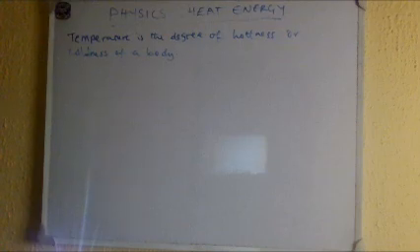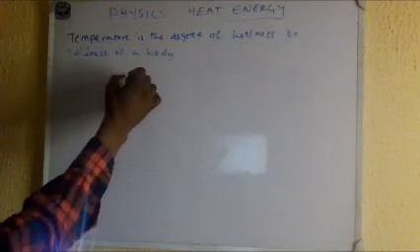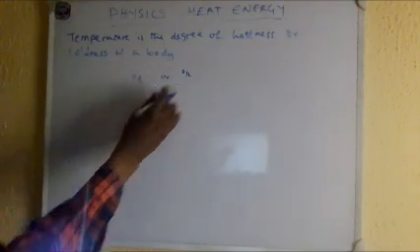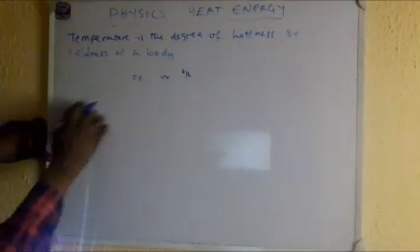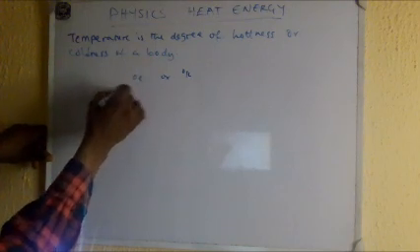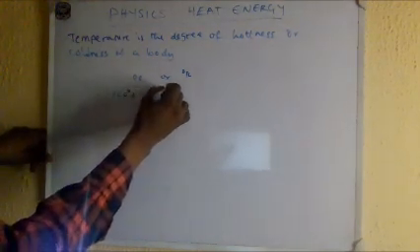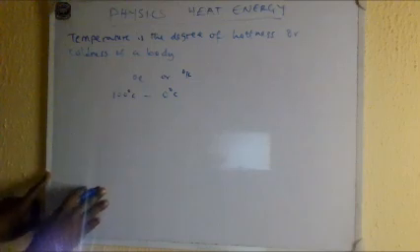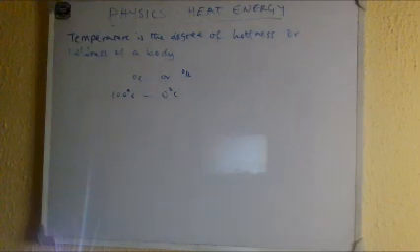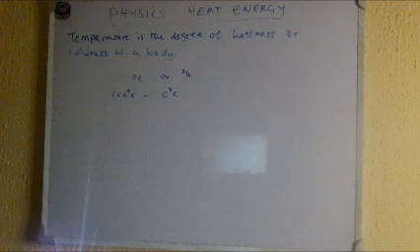For instance, we know that temperature is measured in degrees Celsius or degrees Kelvin. And we know that if a body is hot, this value will be high. For degrees Celsius, the highest is 100 degrees centigrade, and 0 degrees centigrade is the lowest. So if the body is hot, energy will flow from the hotter parts of the body to the colder part.